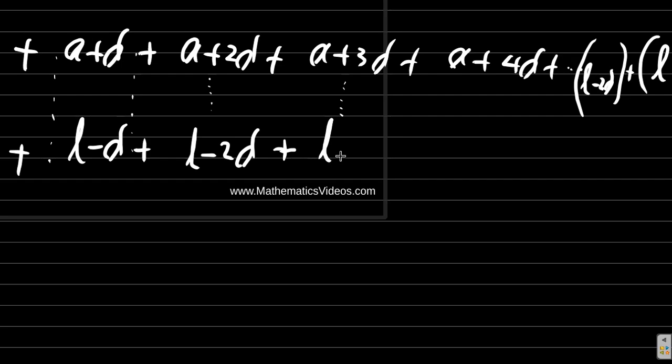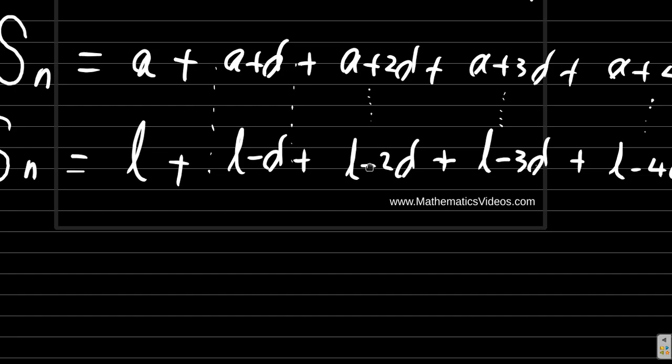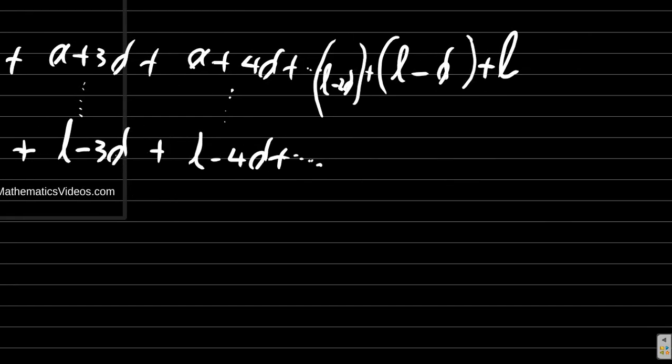So it's the last term minus 3D plus. Then you have to subtract D again to go to the term before L minus 3D. So that would be L minus 4D, and so on and so forth. You get the idea? Alright. Let's call this equation 1 and this equation 2.